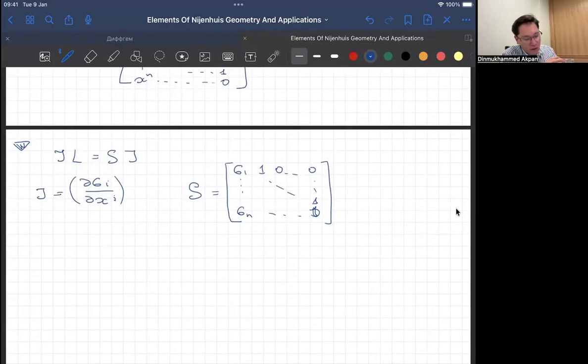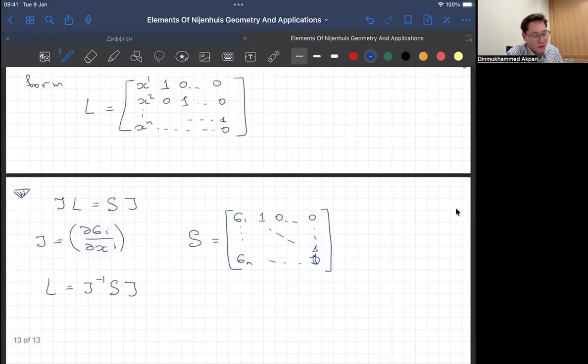Then in these matrix relations, I can write L equals J inverse S J, because J is invertible since the rank is full. Then we get this form, because it's the rule for how we change the basis of coordinates for operator fields.